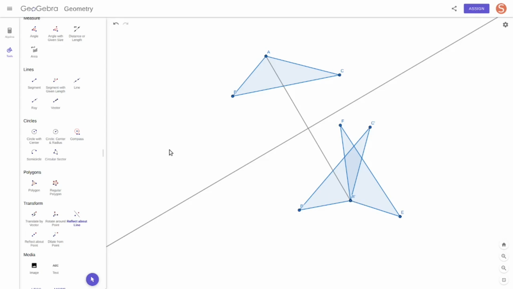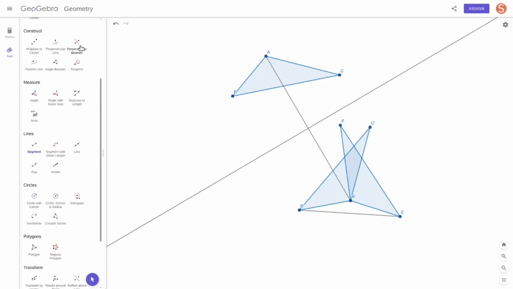Okay, so now we are going to construct the segment between the next 2 points that need to go to each other. So in this case, I want to send B prime onto E, and so I construct that segment B prime E, and I need my perpendicular bisector of that segment. And the key thing is this point that is both A prime and D is incident to that perpendicular bisector, so it doesn't actually move at all.